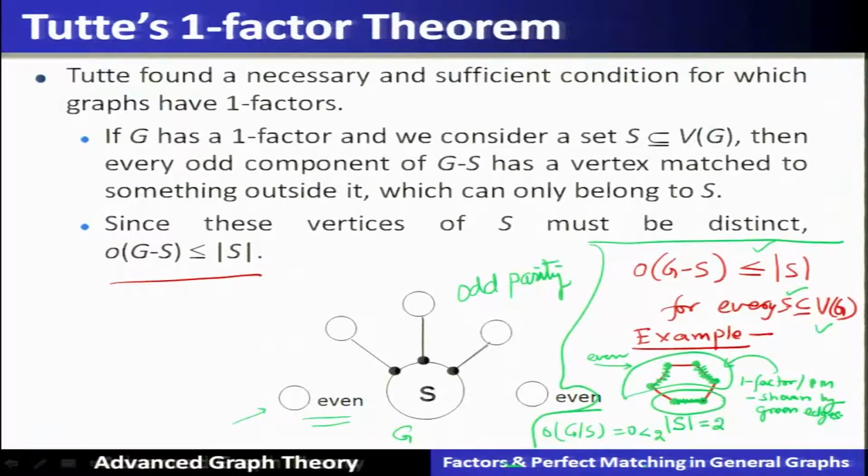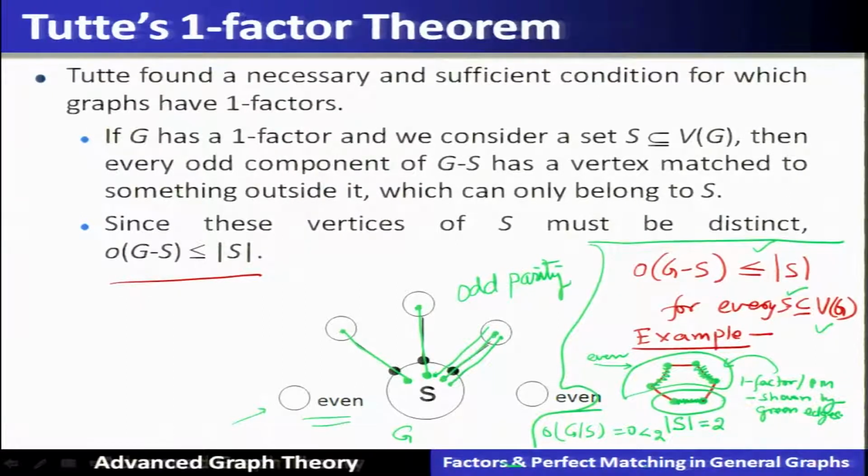The components having odd parity will have at least one vertex which has an edge that is incident on a distinct vertex of S. Similarly, another odd component will also be incident on a distinct vertex of S. At least one such vertex exists.